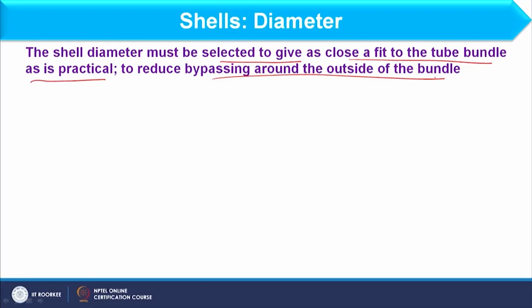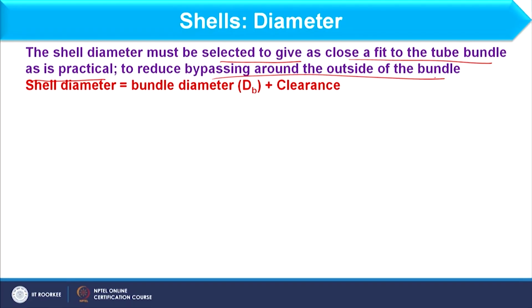Okay. So whatever region is available, region means the gap or the clearance between the outer layer of the bundle and the shell inside diameter, that section we call the bypass section.